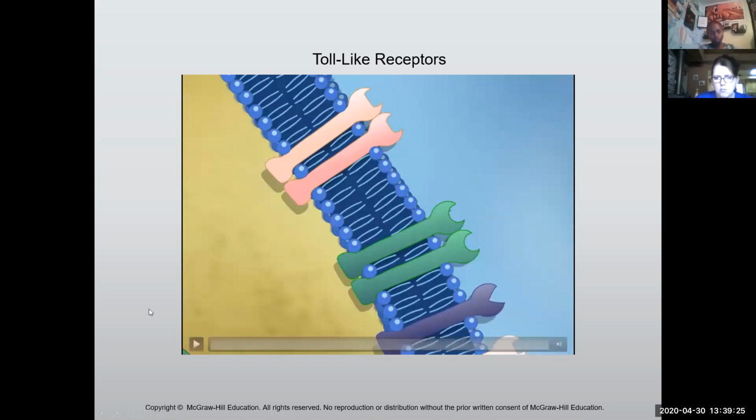Would those genes have gotten turned on if there hadn't been a pathogen? No. It's the presence of the pathogen that sets into motion the activation of certain genes in the leukocyte. Now, again, you know what a gene is. We talked about that already, right? Everything builds. A segment of DNA that codes for a protein. At least that's one type of gene.